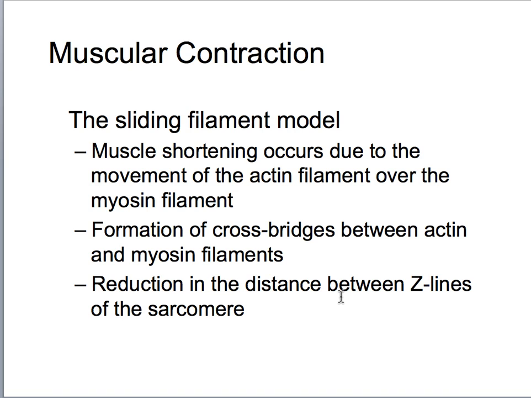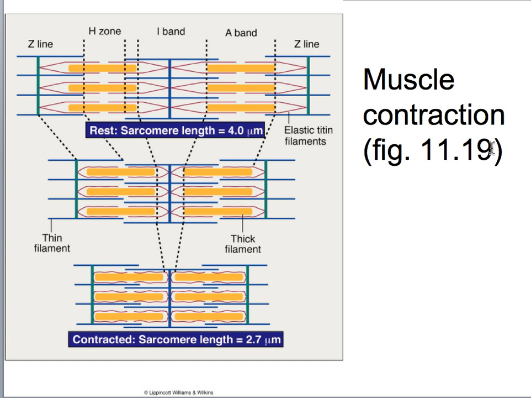And here's another nice picture out of our textbook. This is actually figure 11.21. Obviously this top panel is a resting state, and the sarcomere length is greater. And with greater amounts of overlap, here's a contracted state. You can see there's greater overlap of the actin proteins with the thicker myosin proteins found in the middle.